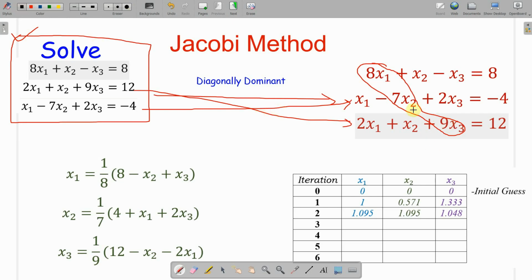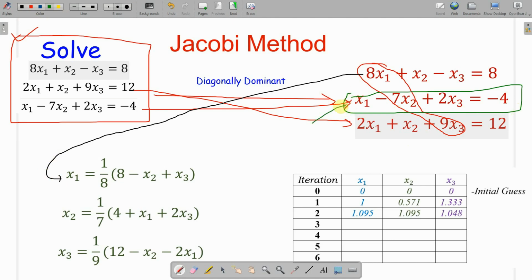Now after doing that, from the first equation you will calculate x1, from the second equation you will calculate x2, and from the third equation you will calculate x3. Now in the Jacobi method, for the r plus 1th iteration, the outcome x(r+1) is the output value, or the result.